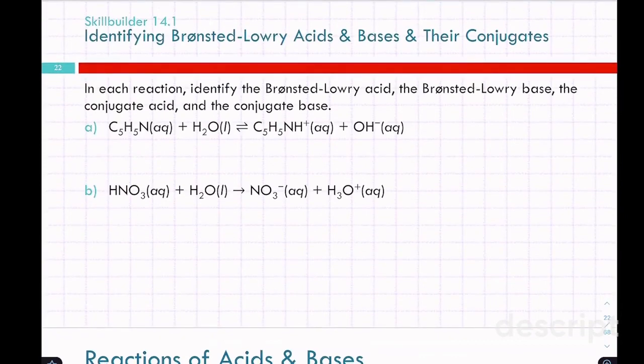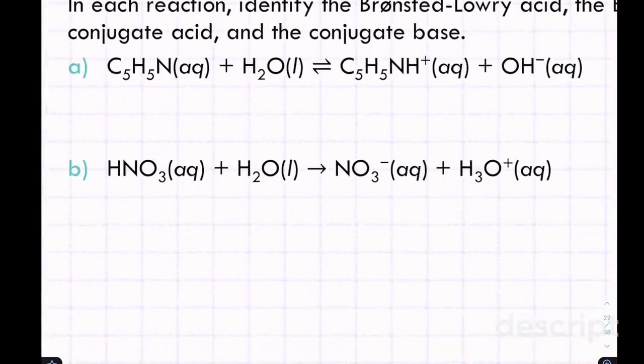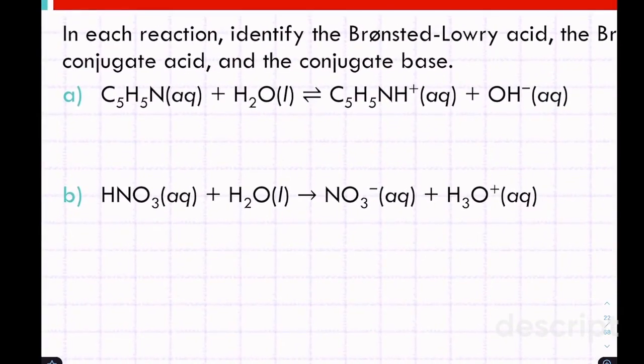All right, so in each reaction, identify the Bronsted-Lowry acid, the Bronsted-Lowry base, the conjugate acid, and the conjugate base. So I'll zoom this in. For this first one, for A, which one is the acid? Remember, acids donate protons.